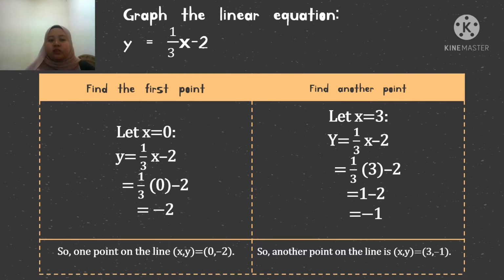The next value I choose is 3 because it is easier for us to cancel the fraction in the equation. Substitute 3 into the equation and we get the y value is negative 1. So another point on the line is (3, negative 1). So we have 2 points for our graph. Let's do the graph.